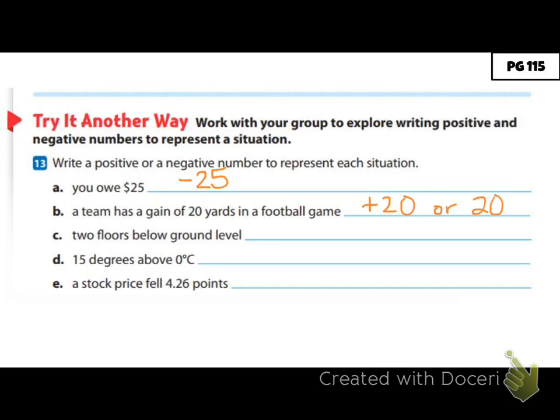That's down because it's below. It would be a negative 2. 15 degrees above 0. Above would be positive, so it would be positive 15 or just 15. And then a stock price fell 4.26 points, so it would be a negative 4.26.